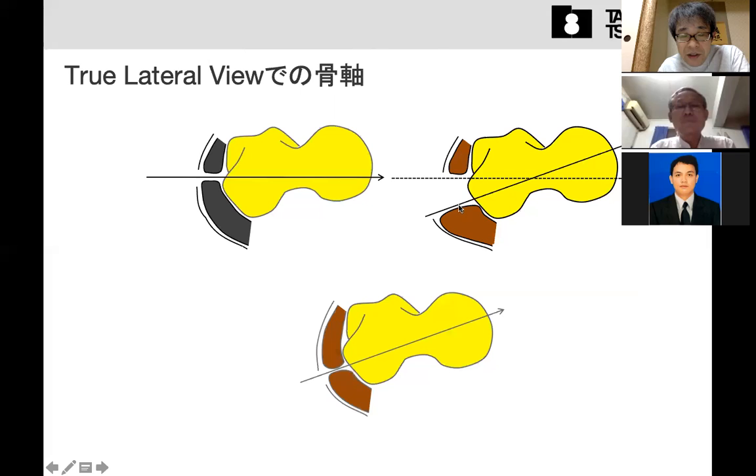So to insert the screw or guide pin from here, the muscle should be retracted posteriorly. Sometimes it is very difficult to retract. So if we cut here, open the skin here and separate the muscle here, it is easy to access the femoral head center from here. So that is the reason to make the skin line on the true lateral view.